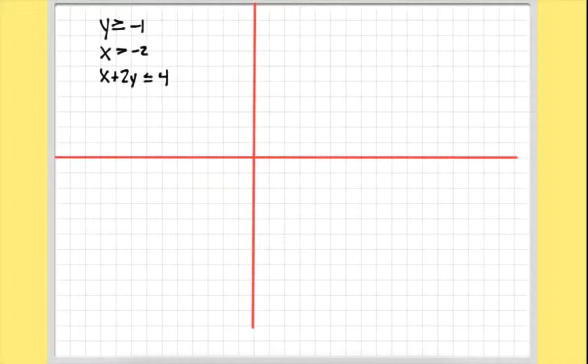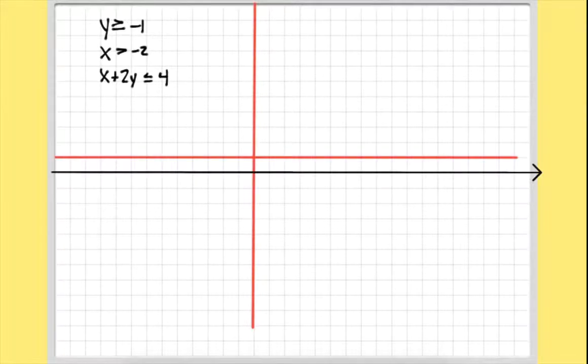Now if that were y equals negative 1, we'd have a horizontal line at y equals negative 1, which is down here. And we're using a solid line because it's greater than or equal to. So there's our first equation.